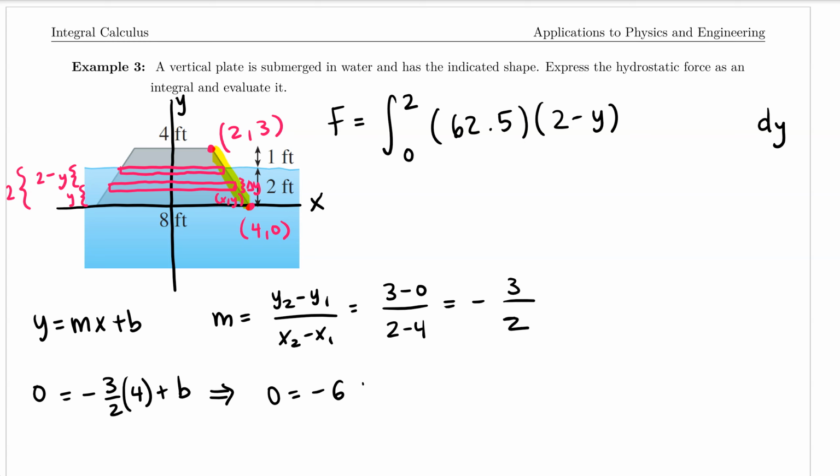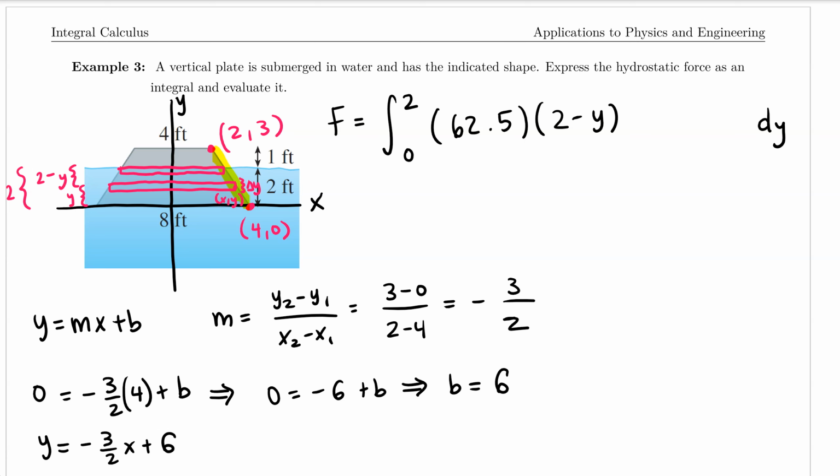So we get negative 6 plus b. If I solve for b, I get b equals 6. I'm trying my best to differentiate my b and my 6 because typically they look pretty similar. So b is equal to 6. That means that the equation of my line segment is y equals negative 3/2 x plus 6.